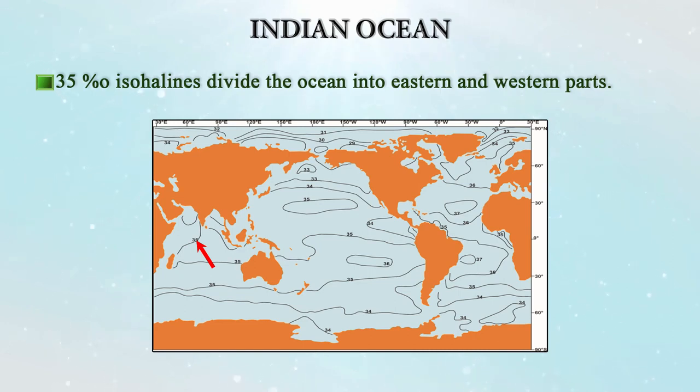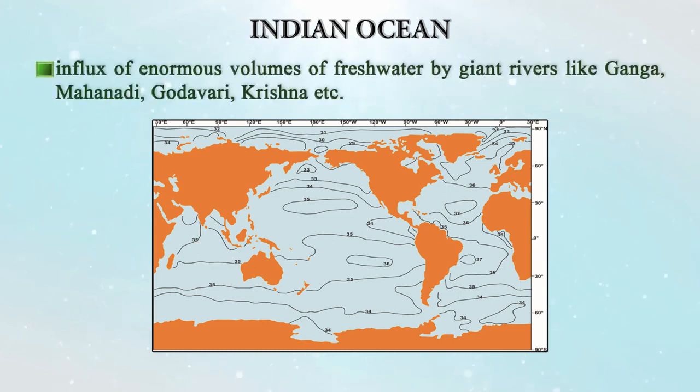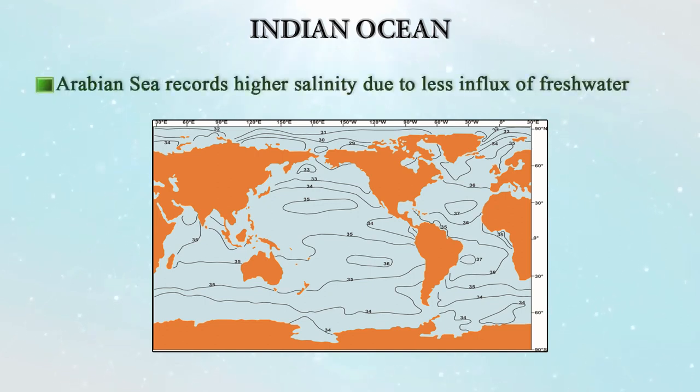Oceanographers have reported very low salinity where rivers are draining, at the mouths of rivers where they pour water into the sea. So, along the mouths of giant rivers like the Ganges, Mahanadi, Godavari, and Krishna, salinity is also reduced. The Arabian Sea records slightly higher salinity due to less influx of fresh water compared to the Bay of Bengal.